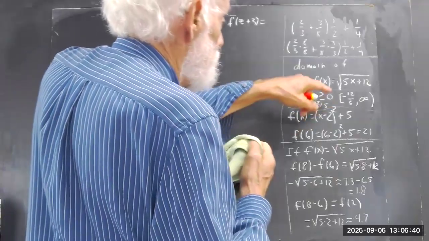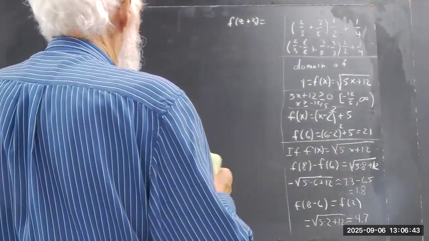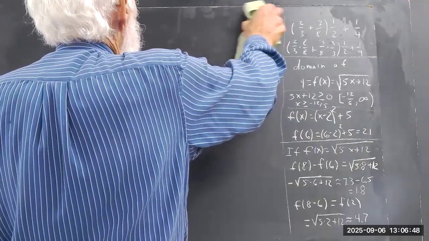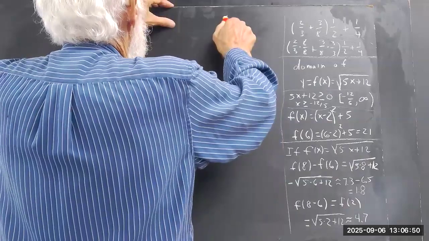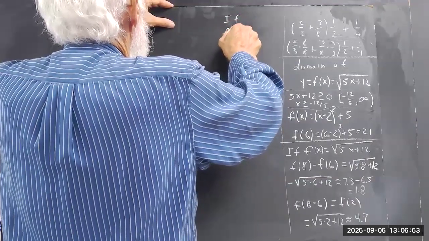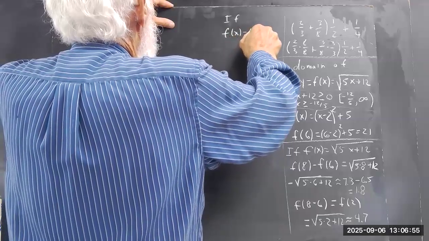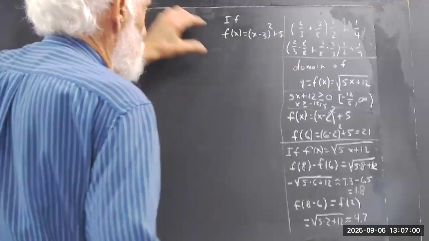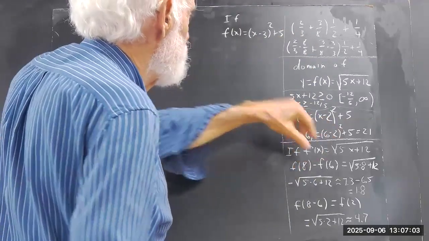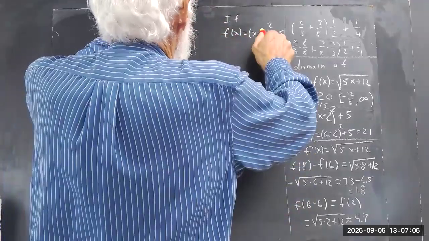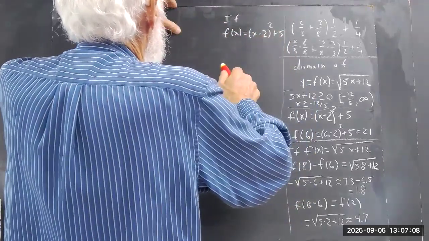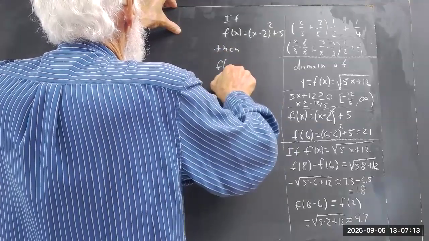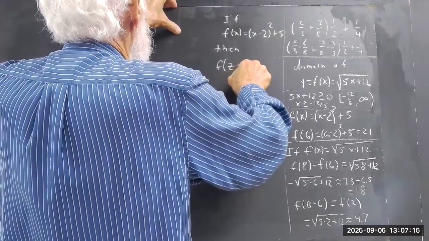I'm going to change back to this function, but I've got to write that out, so that mislead. If f of x is x minus 2 squared plus 5, then what's f of z plus 1?